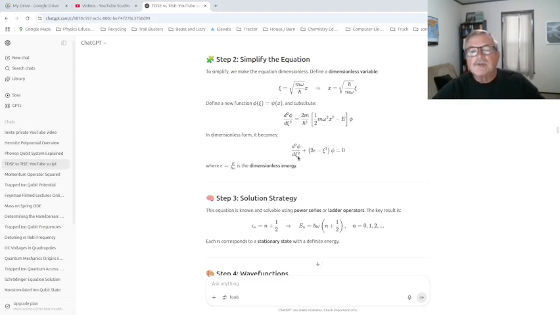This all comes down into this form, which is now looking a lot simpler, but we introduce another variable called the dimensionless energy. Isn't that scary or awesome? We take E divided by the things that we already know, h bar omega.